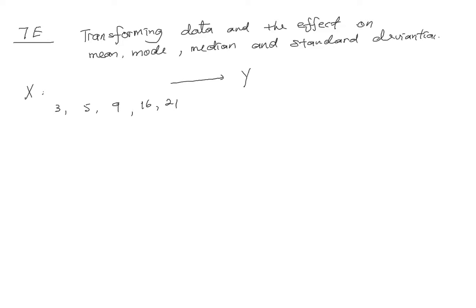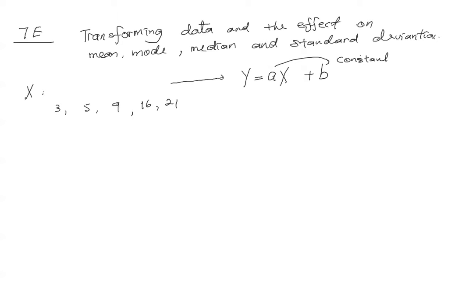So how is Y related to X? It's a number times X plus another number. So these A and B are called constants.